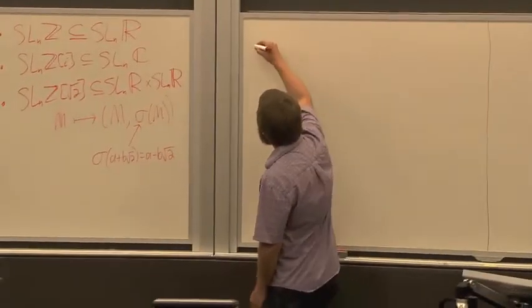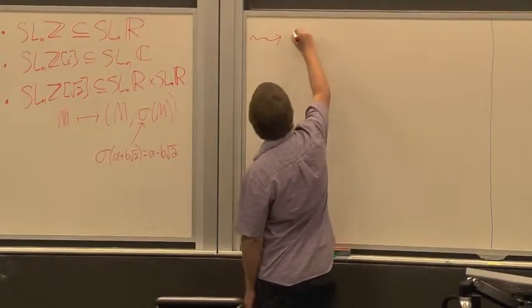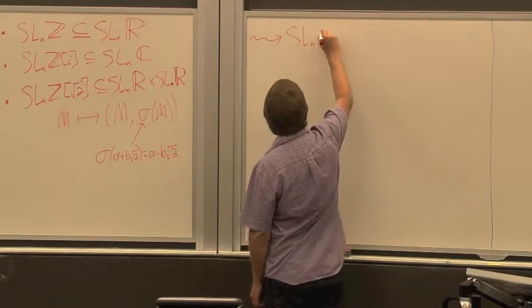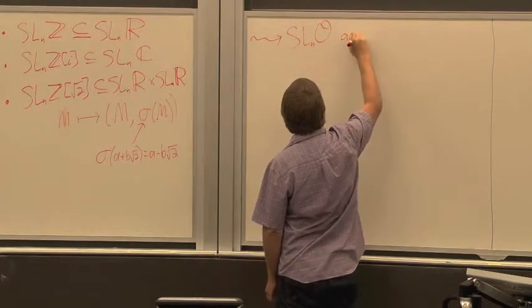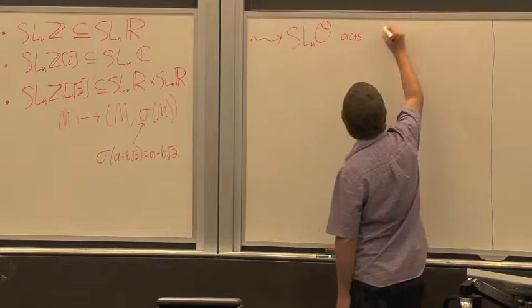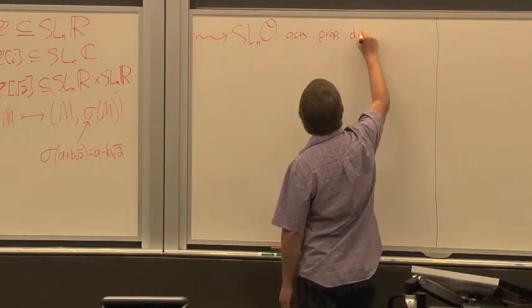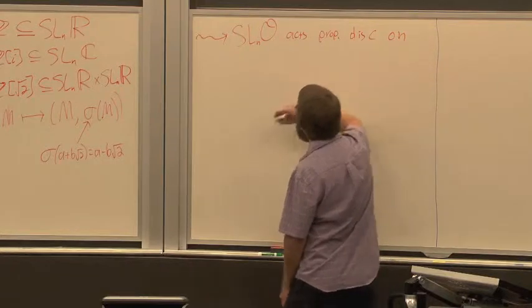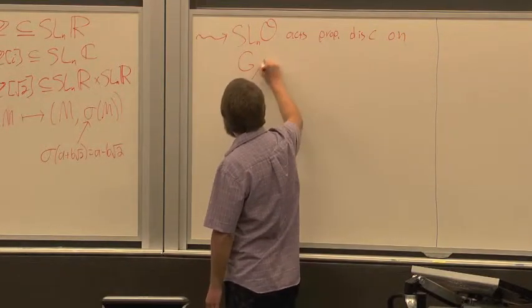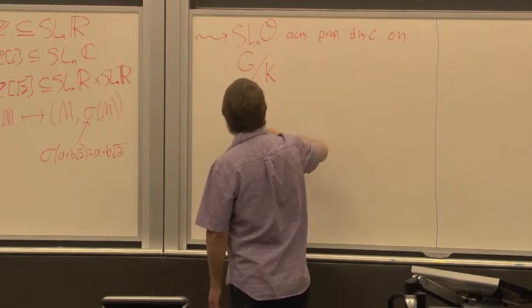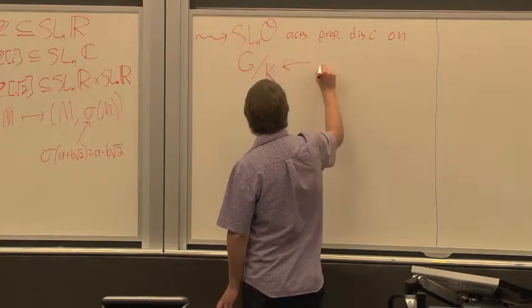And so SL_N(O) acts properly discontinuously on G modulo its maximal compact subgroup. This is what's called a symmetric space.